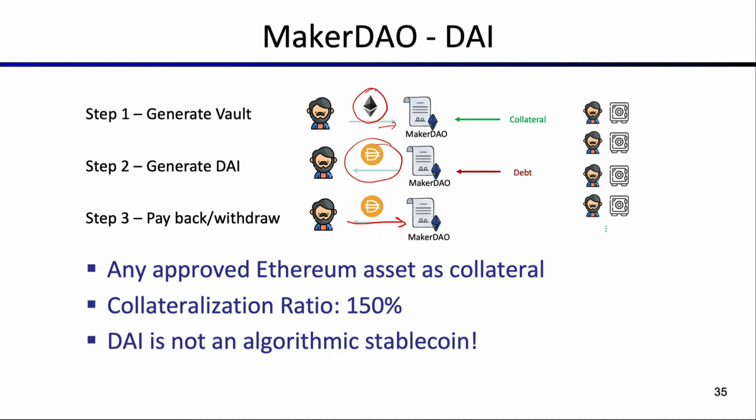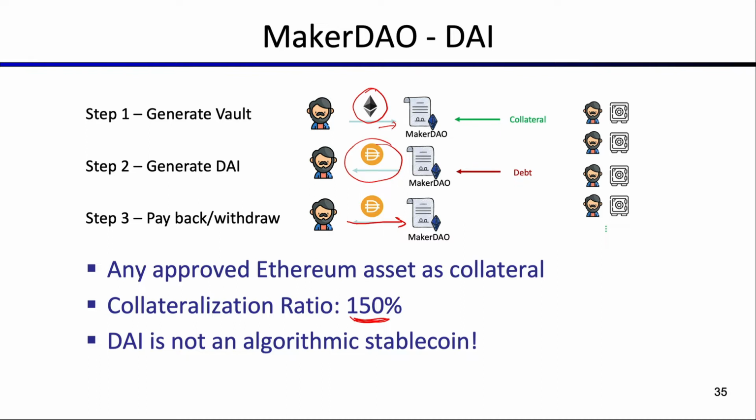Now, we can use any approved Ethereum asset as collateral in MakerDAO, so it's rather flexible nowadays. The collateralization ratio is rather hefty, 150%, which is non-negligible and obviously determines the efficiency of your debt position. And what's interesting is DAI is not an algorithmic stablecoin.